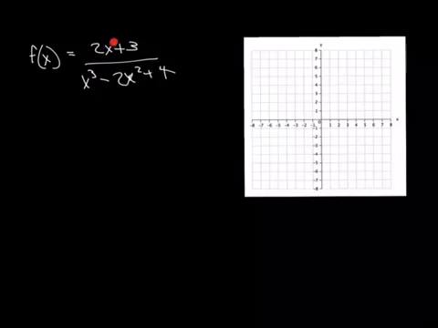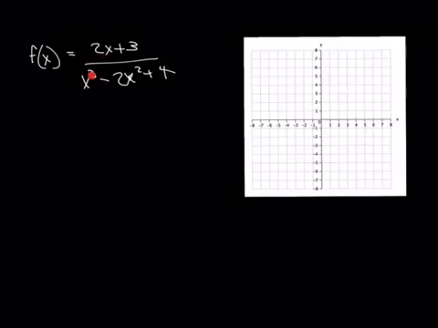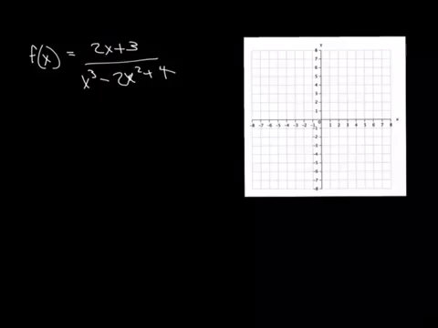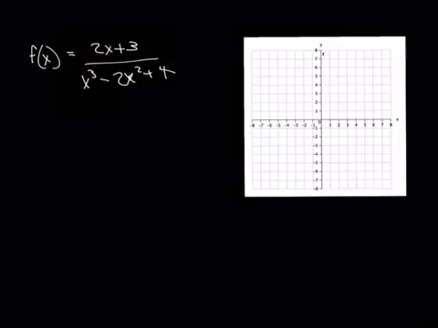Notice my exponent on my numerator and my leading term here is smaller than my x cubed. So we're going to find the horizontal asymptote of this. One of the things I want to make you aware of, let's go ahead and draw a graph here. What happens as x approaches infinity?